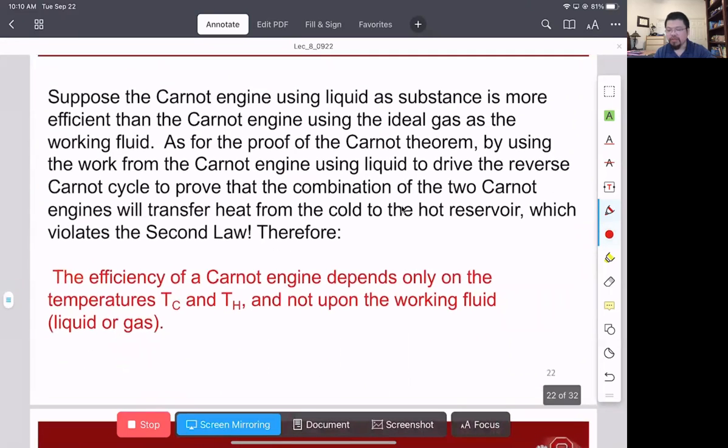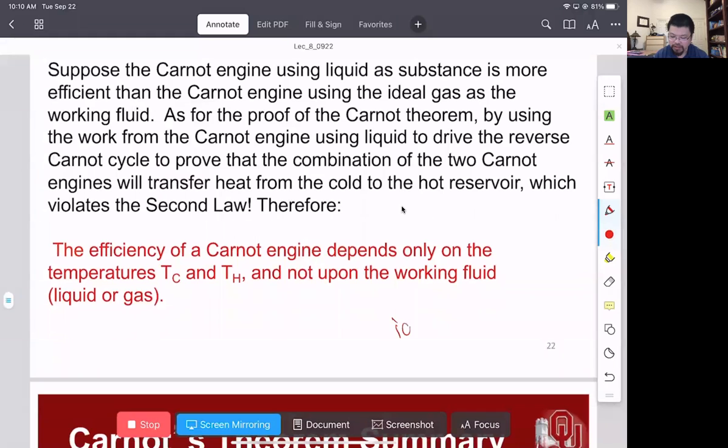Okay. So the second statement also provides us a very strong hint, which is that there is no need to distinguish what your working fluid is. Then, of course, the simplest case would be ideal gas, right?